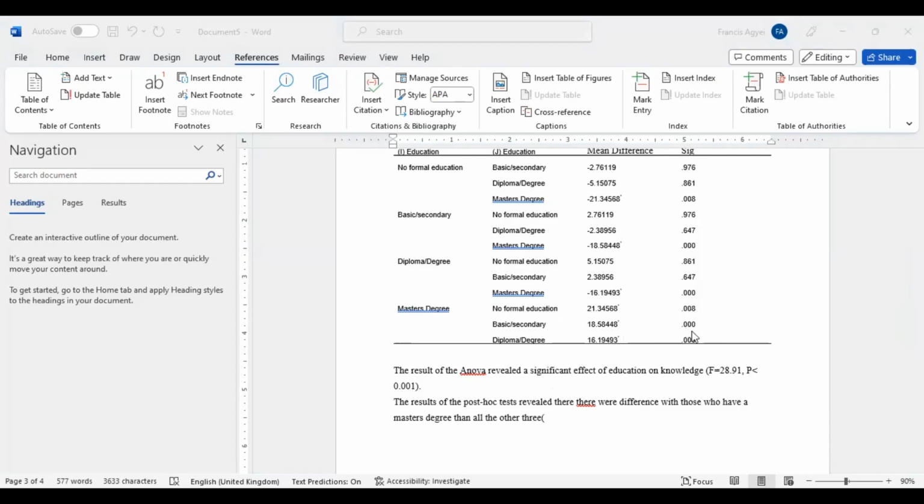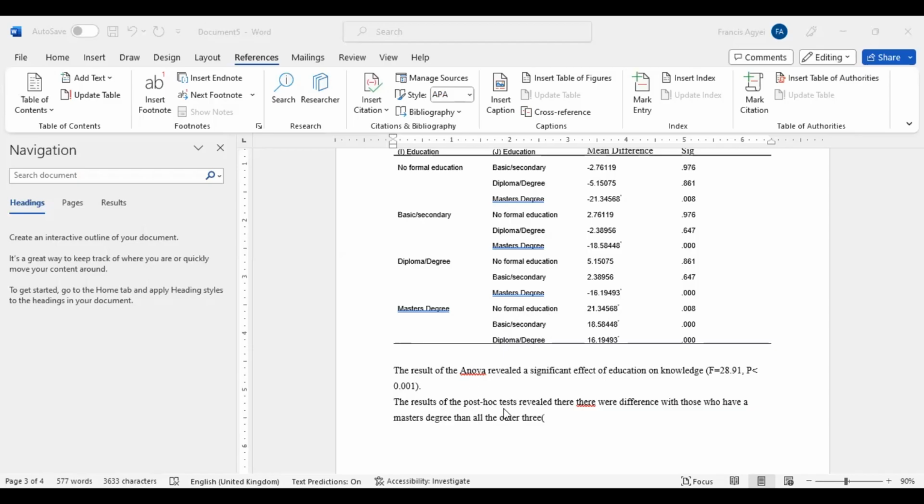When you looked at knowledge and the master's, when you got to master's degree, there was significance throughout. So master's degree had a significance with no formal education. It also had a significance with basic or secondary, and then it also had a significance with diploma or degree. So this means that people who have a master's degree have a higher knowledge than these three.